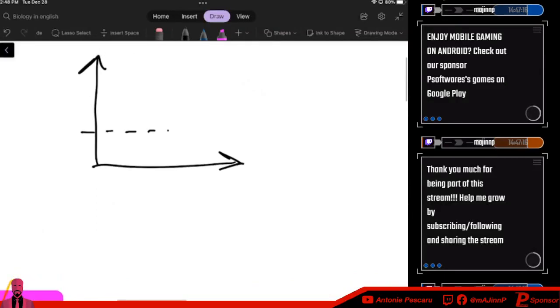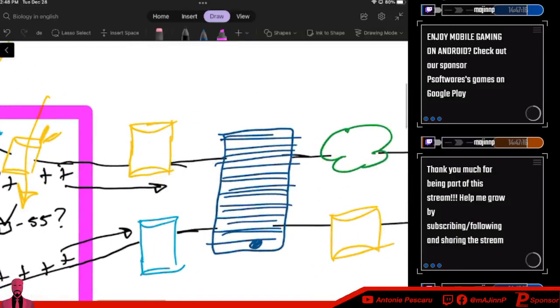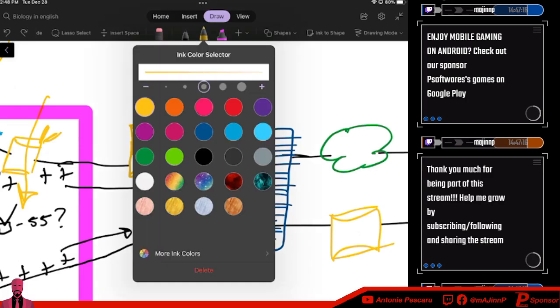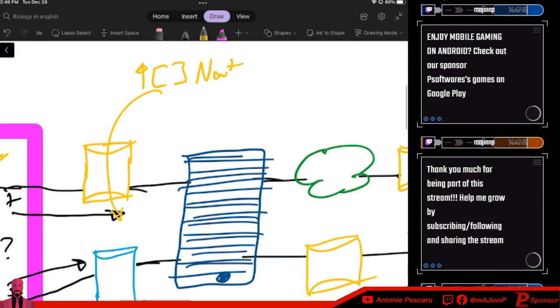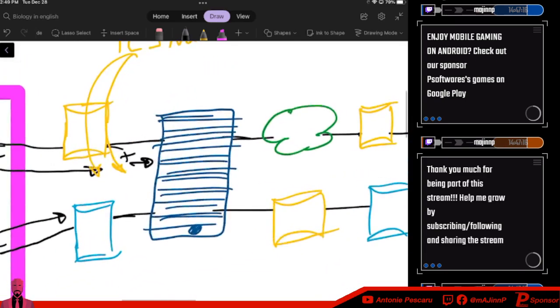So we got our minus 55 over here, our minus 70. It just went here, right? That's what's going on. So there's a lot of positivity going on. So what's going to happen is that you have your high concentration of sodium. It's going to enter the cell because it wants that positivity to just go this way, right?